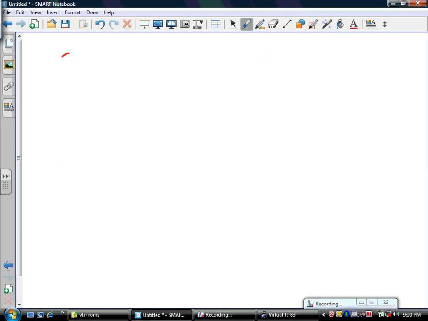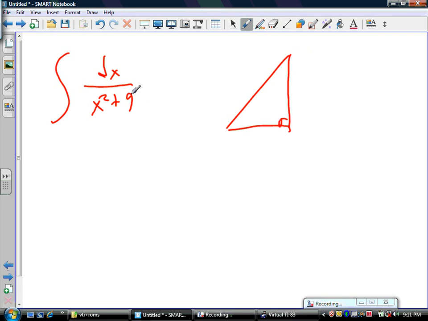What if I want to anti-differentiate 1 over x squared plus 9 dx? Can you write a right triangle where one of the sides has this in it, with or without a radical, doesn't matter. By the way, notice you can't use u-sub for this. You can't use partial fractions because it's not factorable.